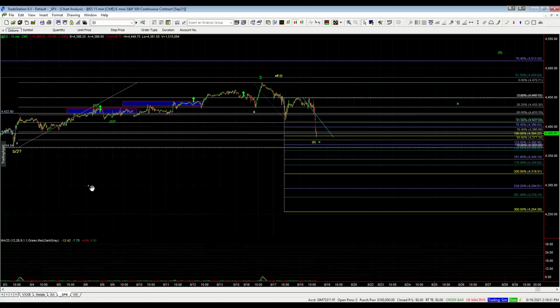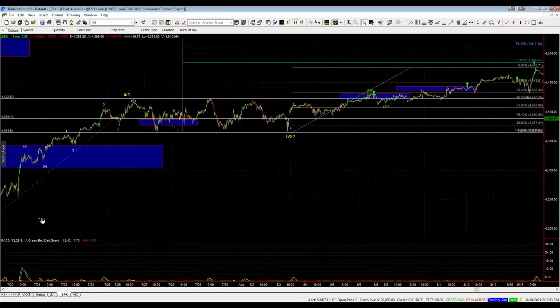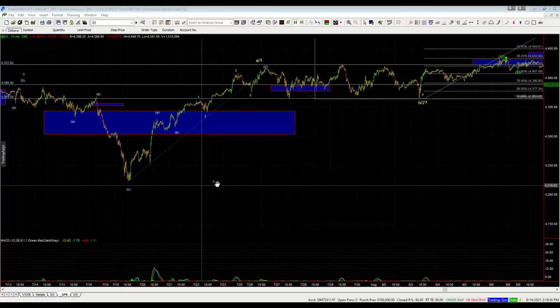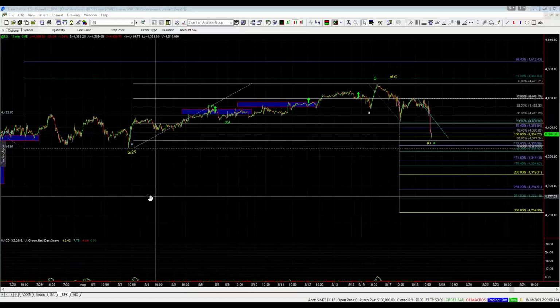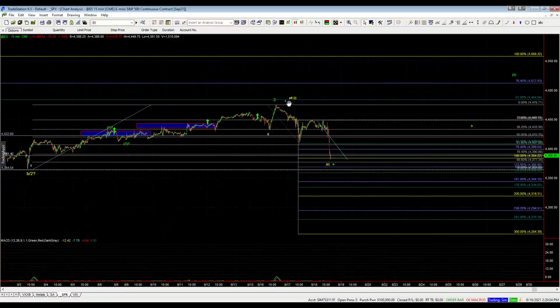Under that path, we have a 1-2 up off of the lows that were struck back here in July. So it'd be 1-2, and then we'd be looking at 1-2. So 1-2, 1-2. That second wave 1 hit the 61.8 extension fairly closely, and we have an ABC down to the 100 extension. So we can get a full 5 up off this low and then break back up over the 44.50 and then over the 44.75 level.